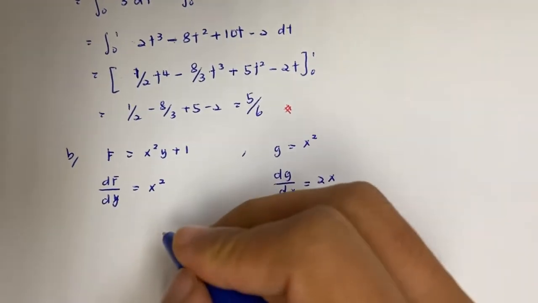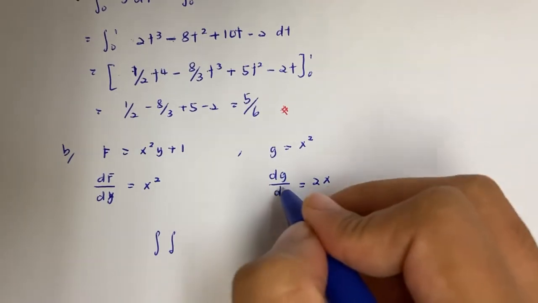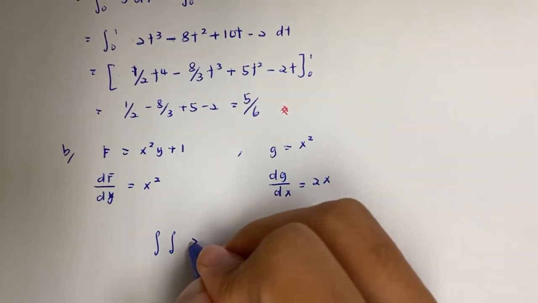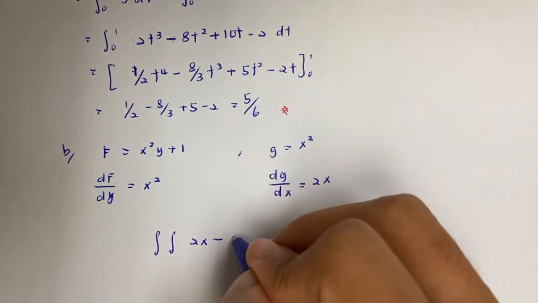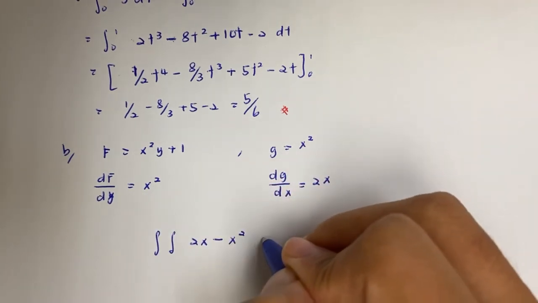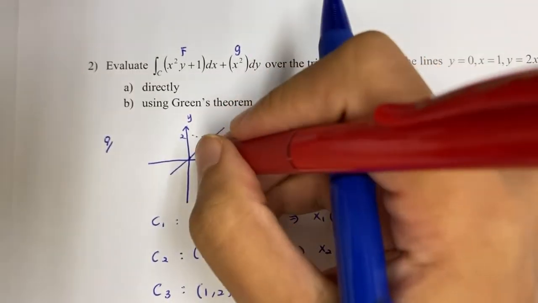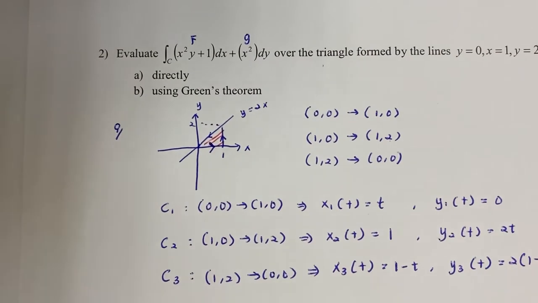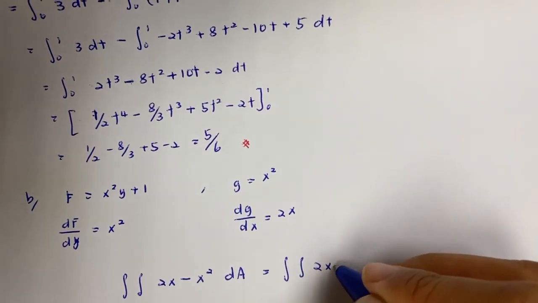Then substitute into the double integral. We need dg over dx, which is 2x, minus df over dy, using Green's theorem. Then this is our dA. dA is the area. To find the area of this region, the double integral of 2x minus x square.